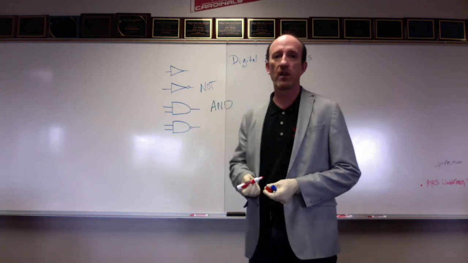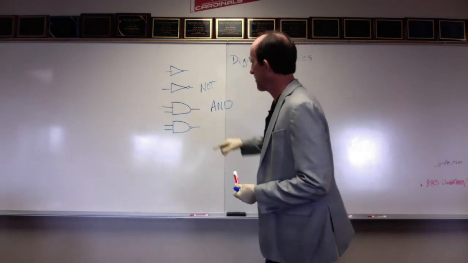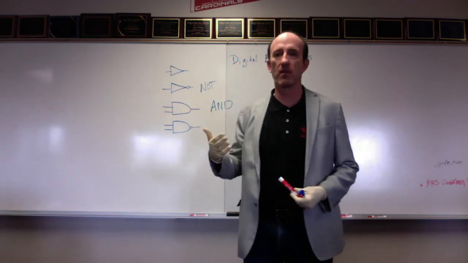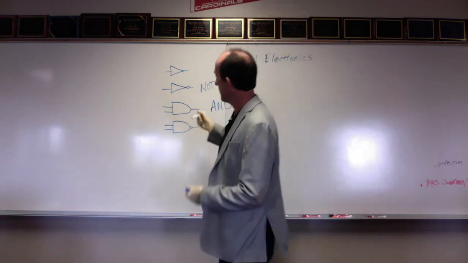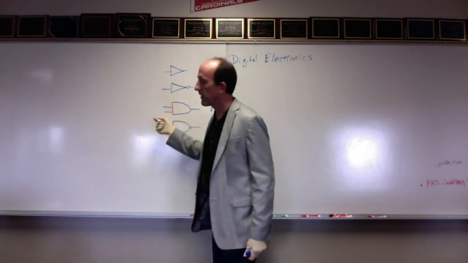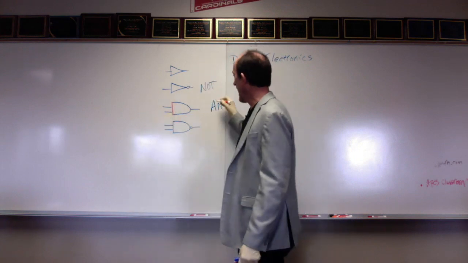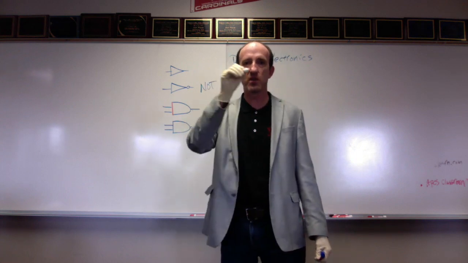So this pen works. But here's how I look at it. It's the back of the gate, or the front of the gate, where the inputs come in. It has a flat entry, and the A in AND, if you think about it, is made out of 3 straight lines.